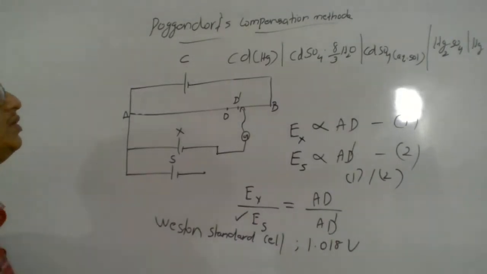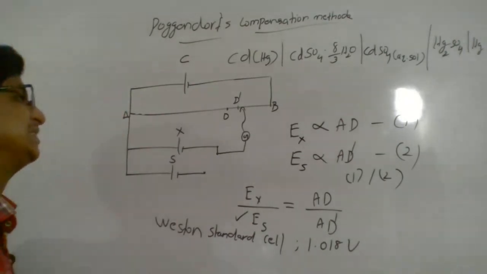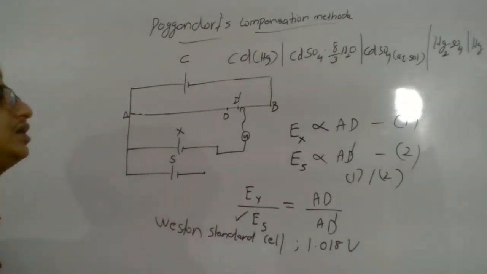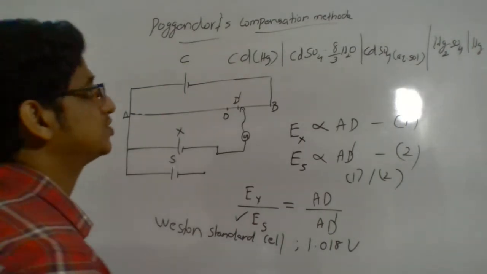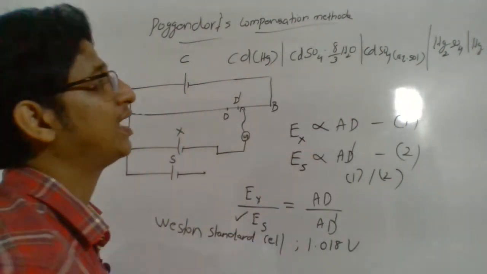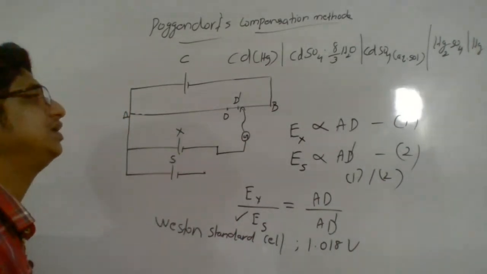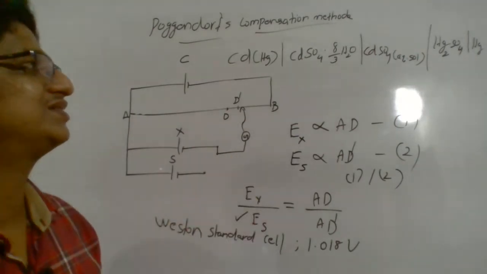So that's all about the representation of the Weston standard cell. It consists of cadmium in an aqueous solution of cadmium sulfate, in contact with the cathode, which will be mercurous sulfate and mercury. So that is the standard cell.